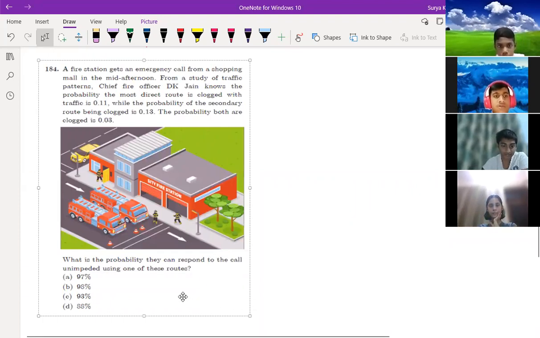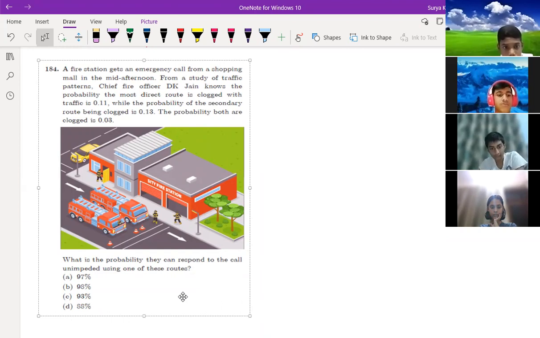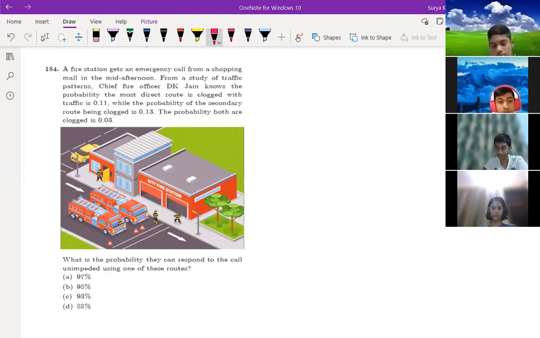It means without any disturbance. Sir, I am getting 99.97%, so I think it might be 97%.